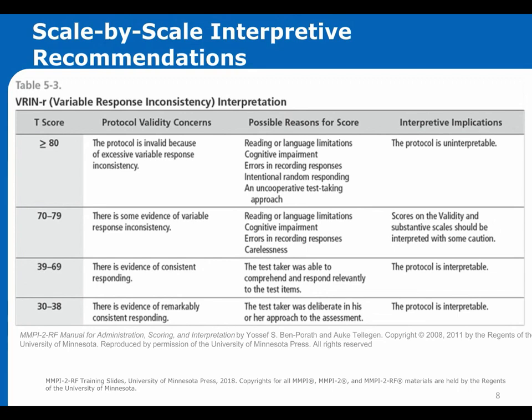Okay, so in other words, stop here, go no further, and as we'll discuss, this includes not interpreting the remaining over-reporting and under-reporting validity scales as well, because those are going to be impacted by variable response inconsistency.